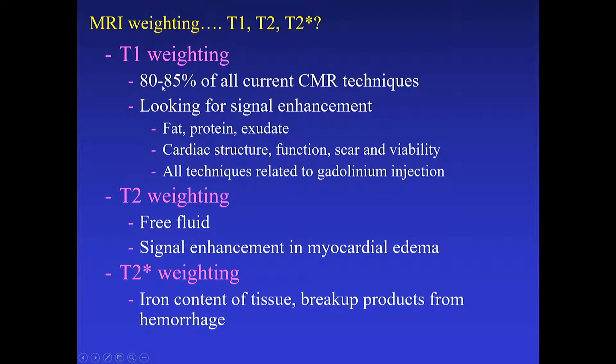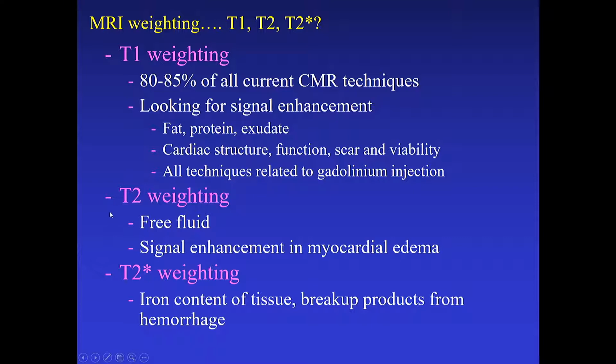Most techniques, or 80 to 85% of all the methods that are used in cardiac MRI imaging, are so-called T1 weighted. So most things that we use to look at structures, or whether the myocardium enhances secondary to use of gadolinium, are all T1 weighted. Perfusion is all T1 weighted.